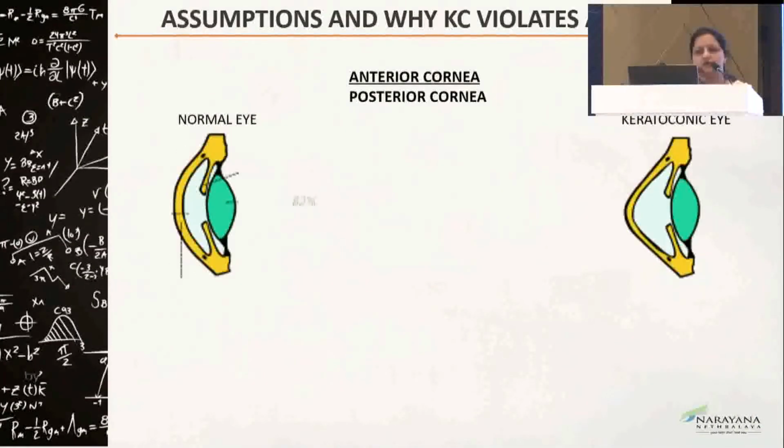Coming to assumptions. For normal IOL calculation, the assumption between the anterior and the posterior corneal curvature, that's basically the Gullstrand ratio, which is supposed to be 82%, does not hold in keratoconus. Because of posterior thinning, this ratio is altered.